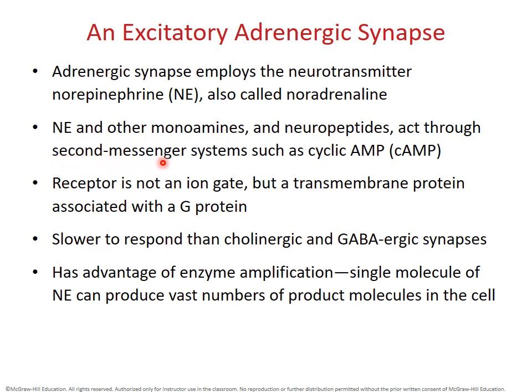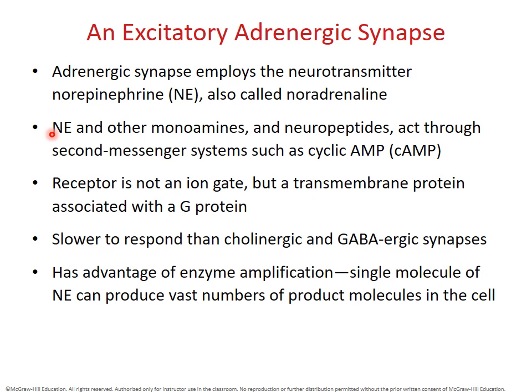In second messenger systems, the effect on the postsynaptic cell is more indirect. So we're still going to have a messenger molecule like the neurotransmitter, like norepinephrine, still going to bind to a receptor molecule. But that receptor in and of itself is not actually going to cause the postsynaptic cell to respond.